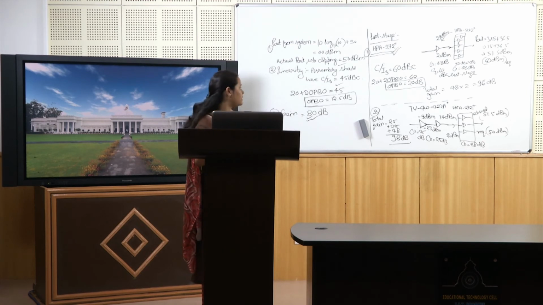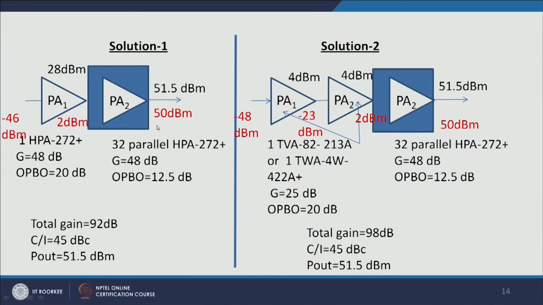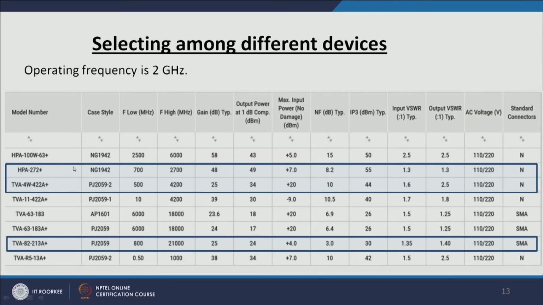So this was the example of when you can use different devices, and this is where we are showing some calculation for this kind of solution. So one is when we are using HPA 272 plus in both stages, and the second one is when we can use either of the other two solutions, either this device or this device. Both of them have 25 dB gain, but they have different P1 dB powers here.